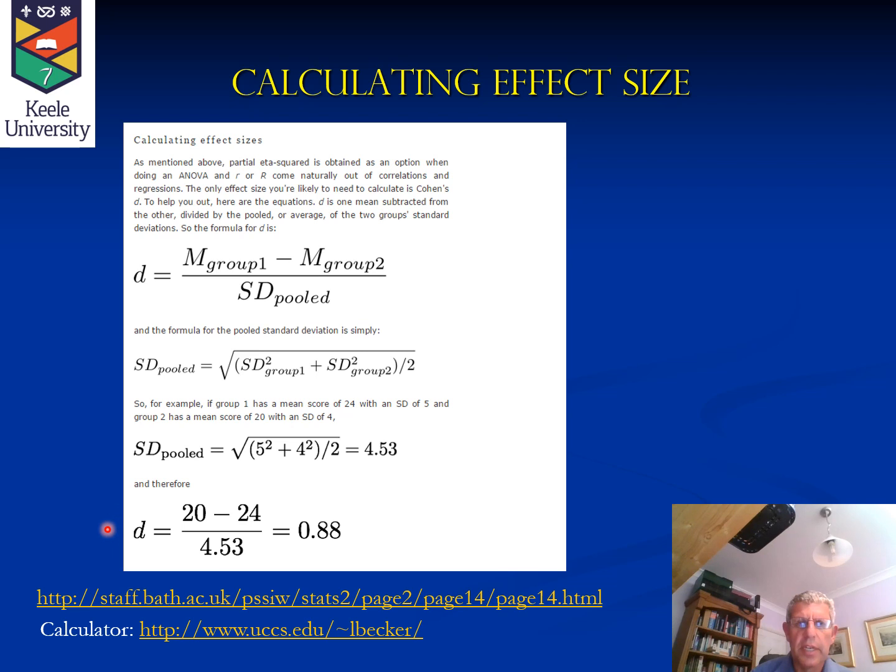And we can see that down here, for example, where we have a mean of 20 in one group and a mean of 24 in another group, and a standard deviation of 4.53, we have an effect size of 0.88, which is quite a large effect size. So it's quite a nice way of thinking about the difference between two groups in terms of whether there's a large effect size or not.